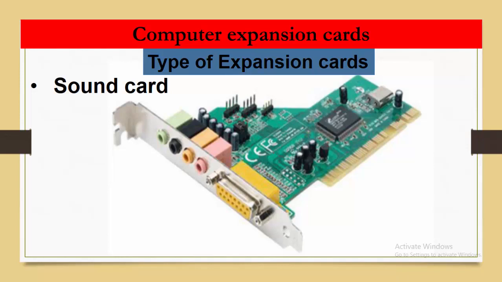Sound cards also need to be capable of processing multiple sounds at the same time, splitting them up into audio channels. This allows different sound configurations to be produced such as surround sound and stereo sound.